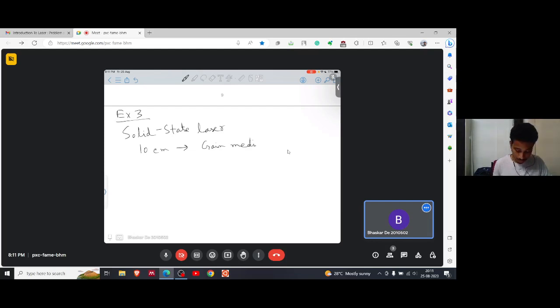Gain medium length, what would be the minimum single pass small signal exponential gain have to be at linear line center if the gain duration lasts only 10 nanoseconds.